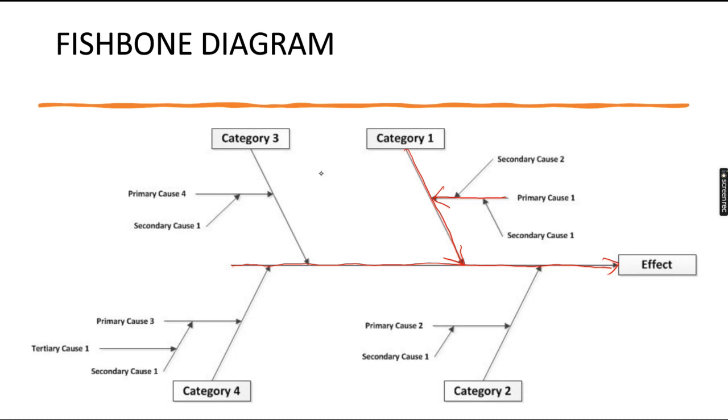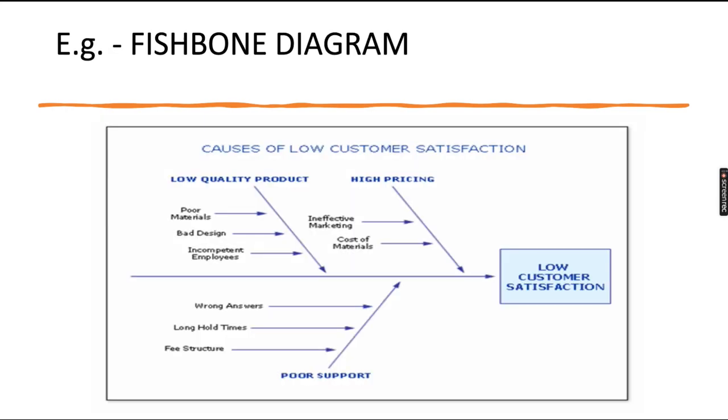So I can write the subcategory and primary cause. Then we can write the secondary cause. Like this we have to go on writing. Now this is my category 2. So for category 2, I have to write the primary cause and the secondary cause. So this diagram appears like a fishbone. That is why it's called a fishbone diagram.